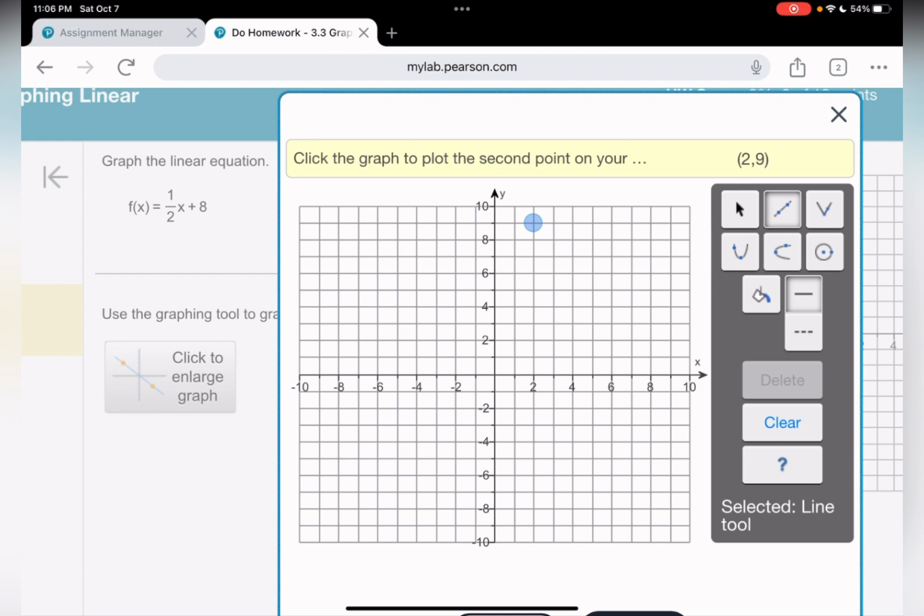And I'm taking x as negative 2. If I take x as negative 2, 1/2 times negative 2 is going to be negative 1, and plus 8 is going to be 7. So negative 2 and 7, right here.